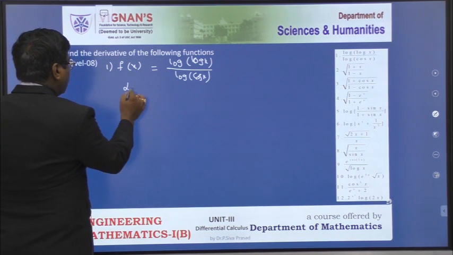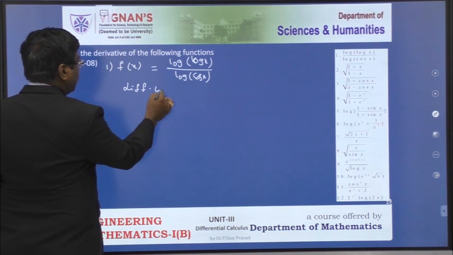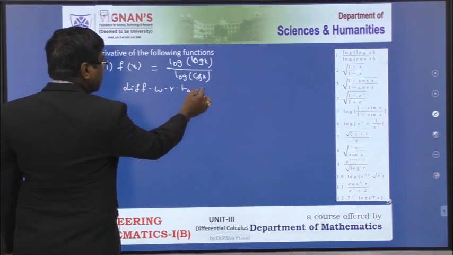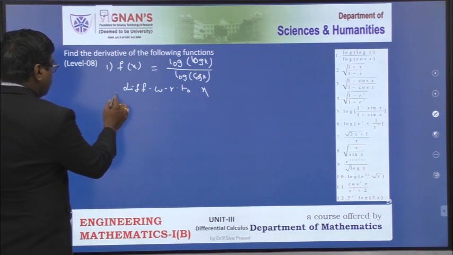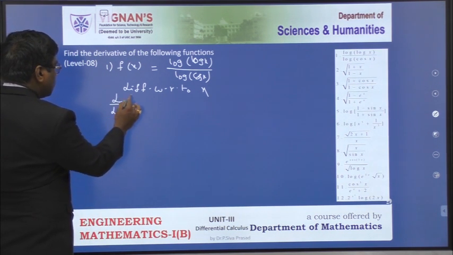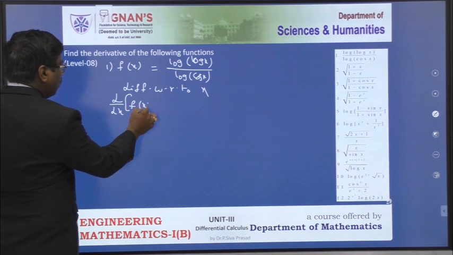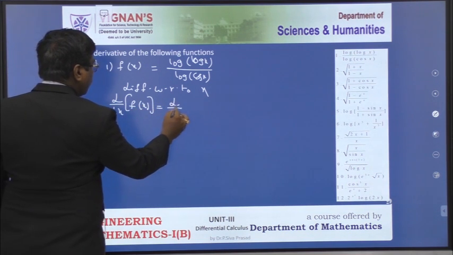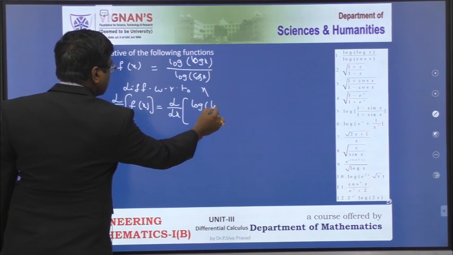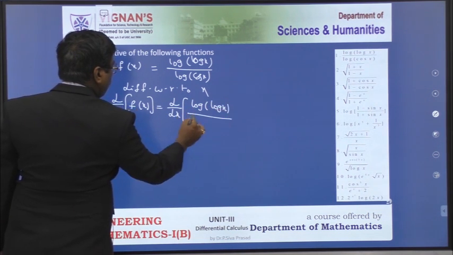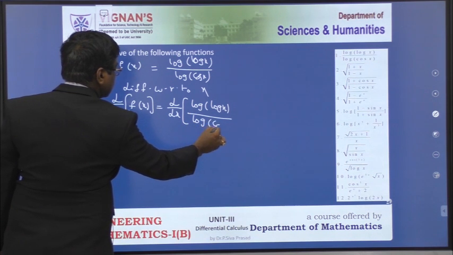Now differentiate with respect to x on both sides. Therefore, d by dx of f of x is equal to d by dx of log x by log of cos x.